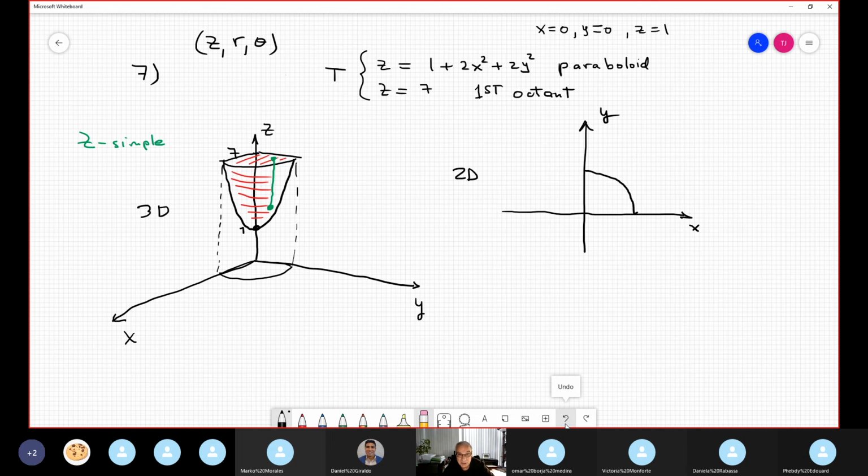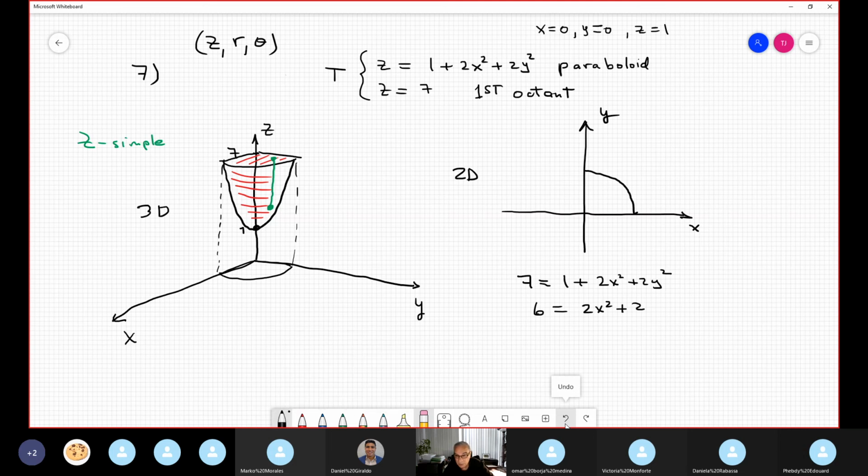I have no idea. What is the radius? Okay, you're intersecting this and this equation. So this equation is 7, the z value, is equal to 1 plus 2x squared plus 2y squared, no? Entonces I try to move this one to the other side. 7 minus 1 is 6. It's equal to 2x squared plus 2y squared.